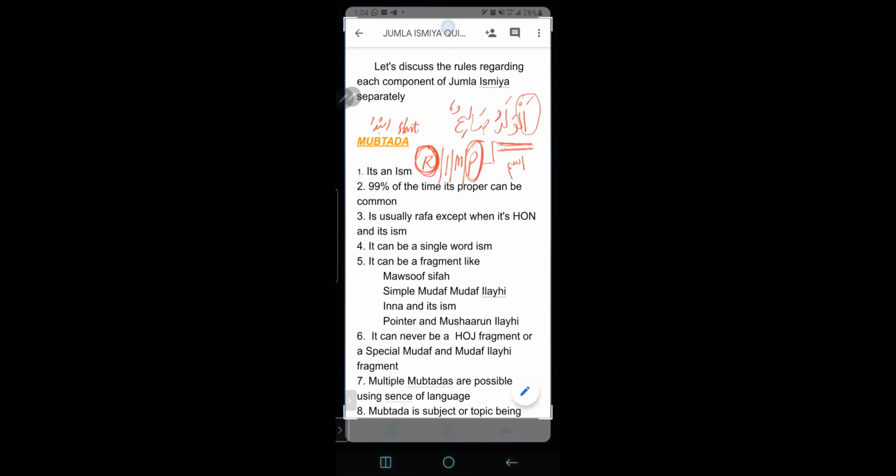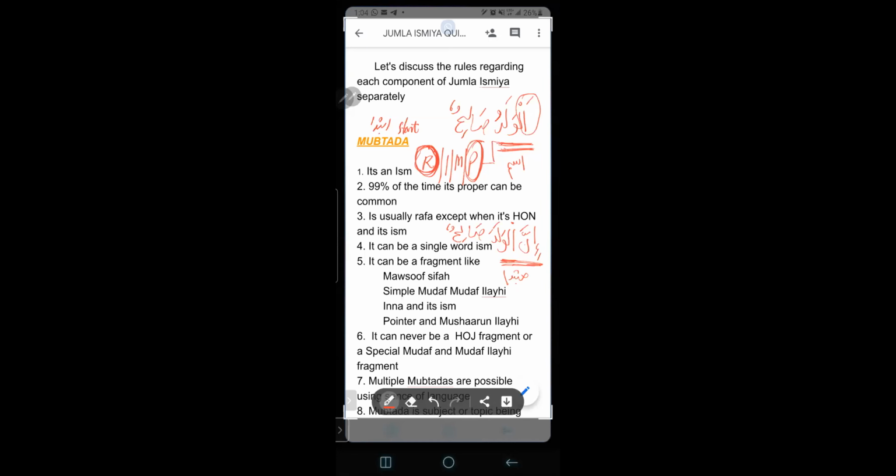Waladu is rafa, but it can also be nasab if you have a harf of nasab. Innal walada salihun. So here inna and its ism al walada both are the mubtada. Any questions till now? No. Alhamdulillah.